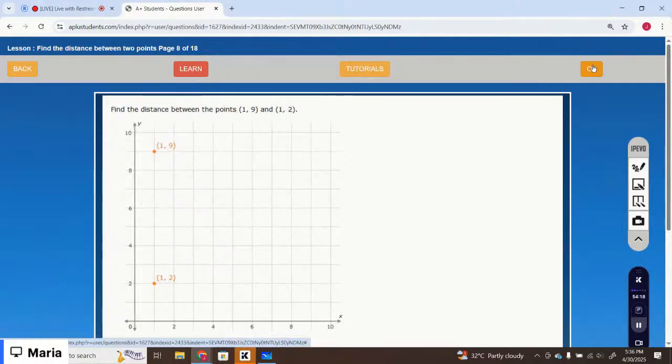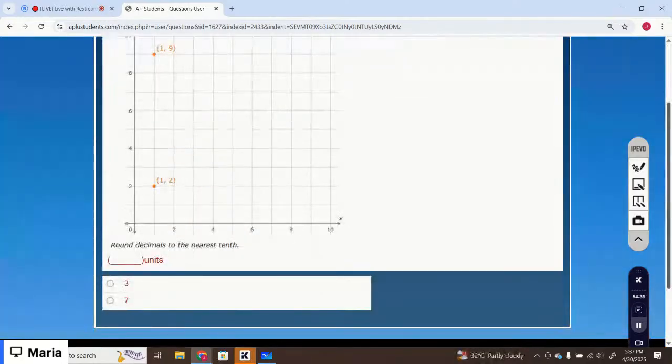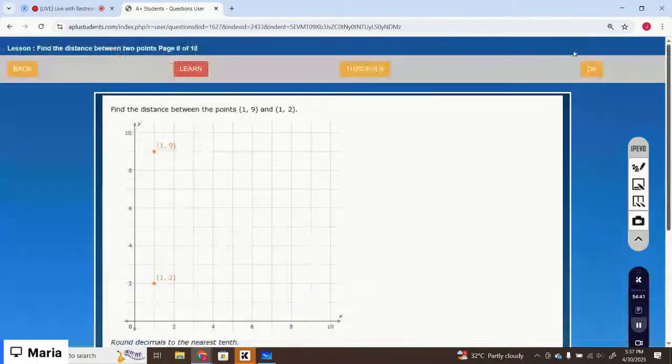Find the distance between the points 1, 9 and 1, 2. So which is the correct option? Option number 2 is the correct option. That is 7 units.